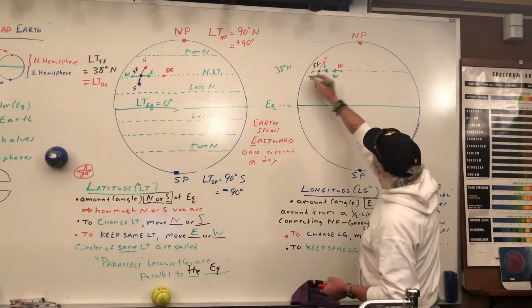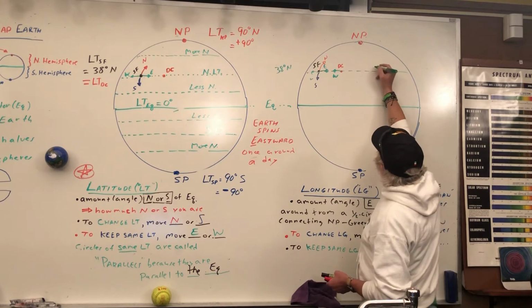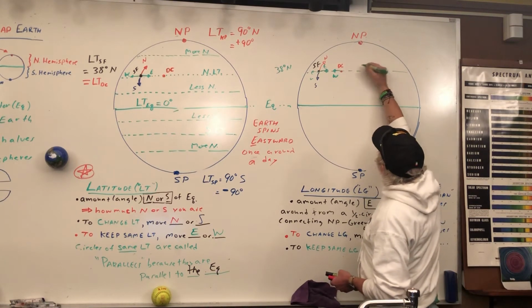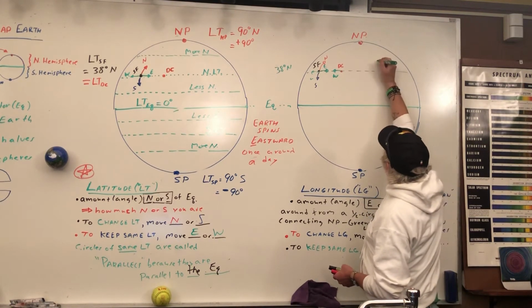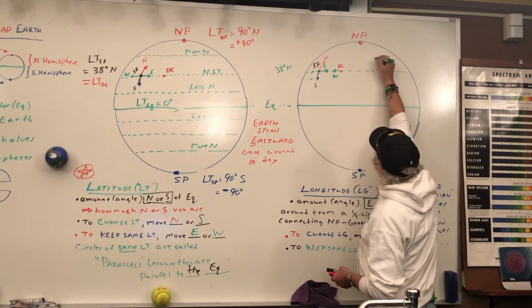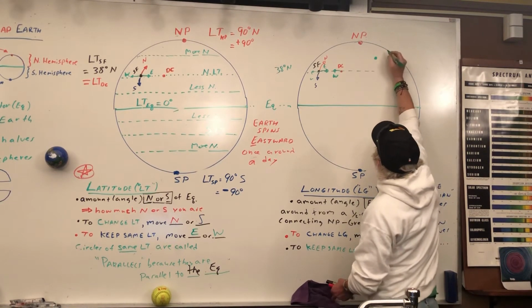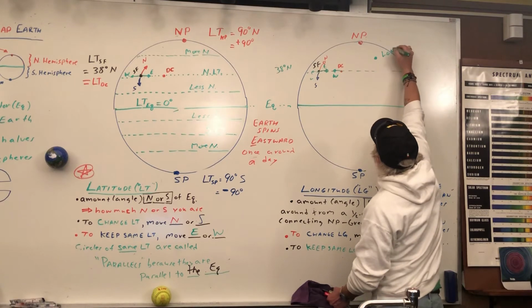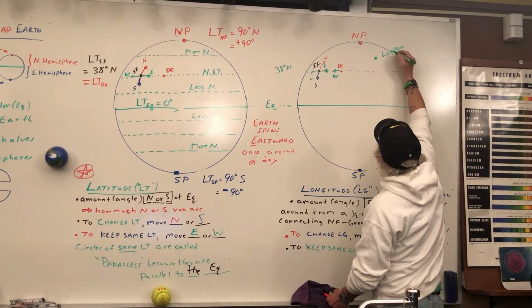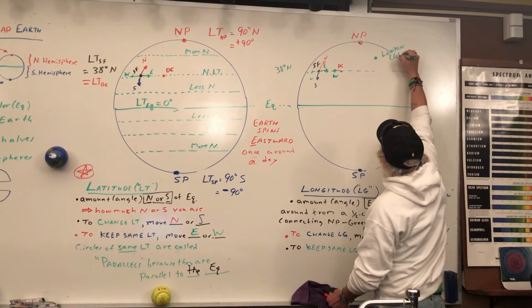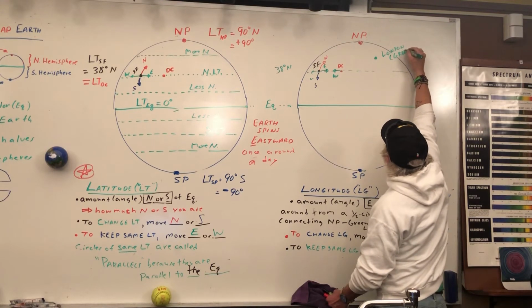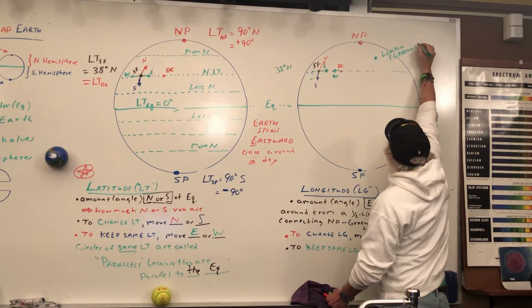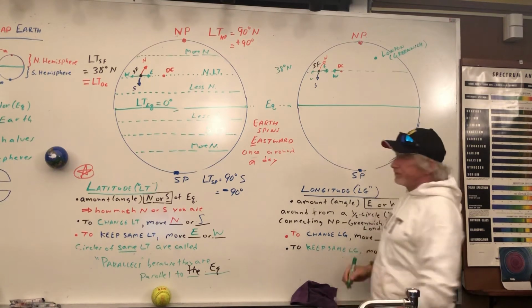So, and this is 38, and it's something like 51. And we go across the Atlantic, and we go over here. So it's going to be up here. Okay. I'm going to say London, if you want to think of it. Greenwich is how it's spelled, but Greenwich. Okay.